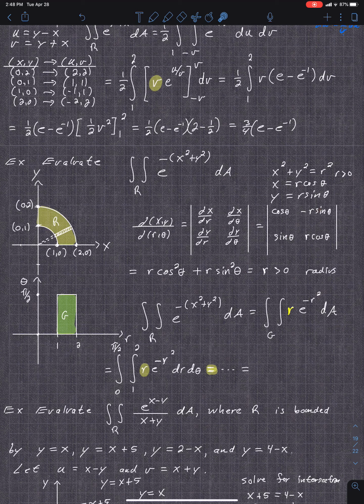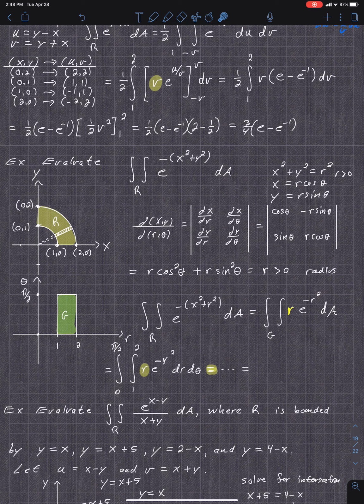Check out all the partials you get. When you do your Jacobian and the products, you get just r. So in your integration you get this extra factor of r, which we've done before.